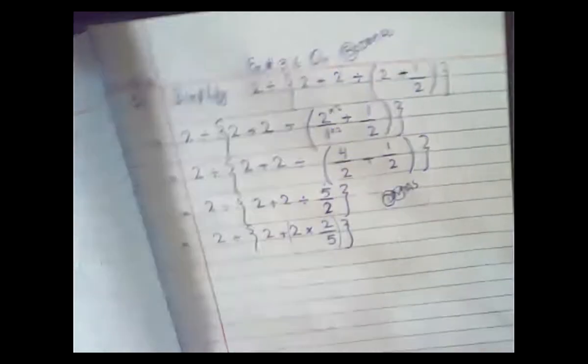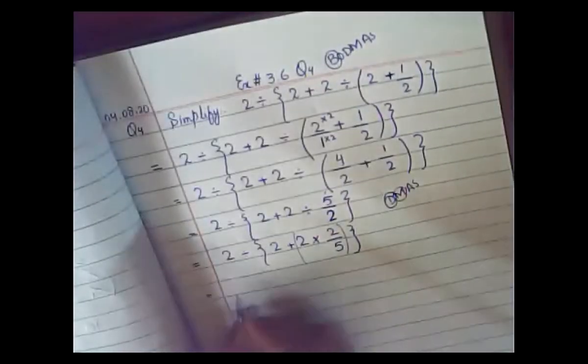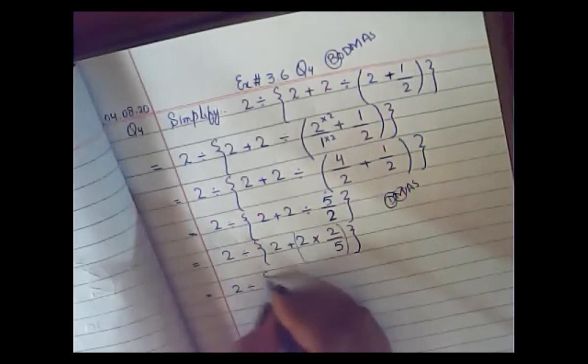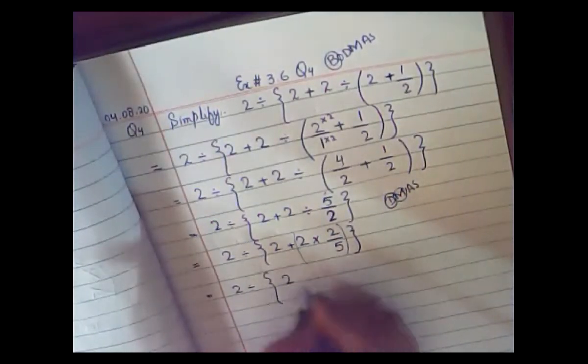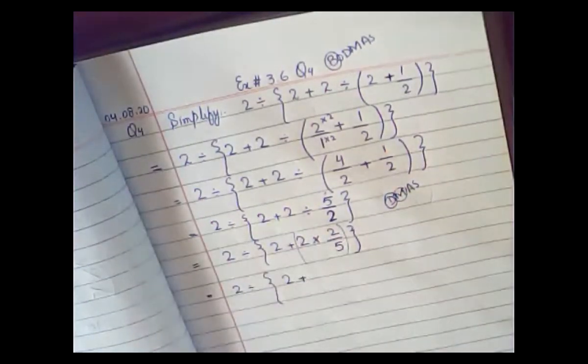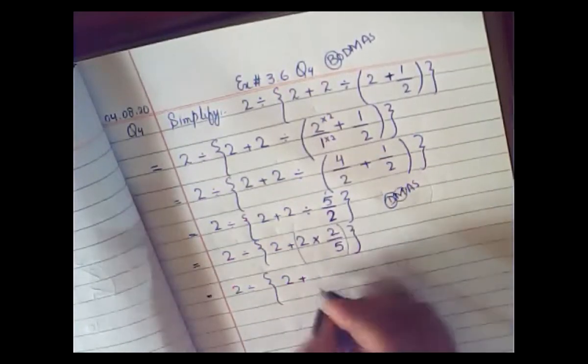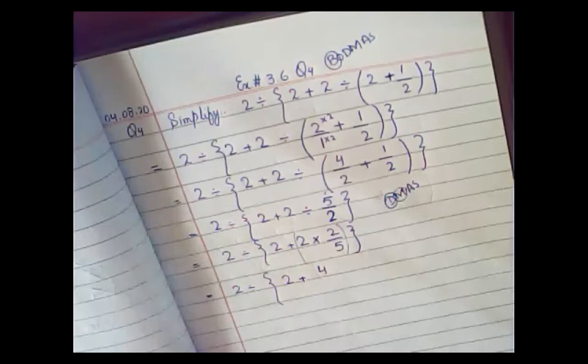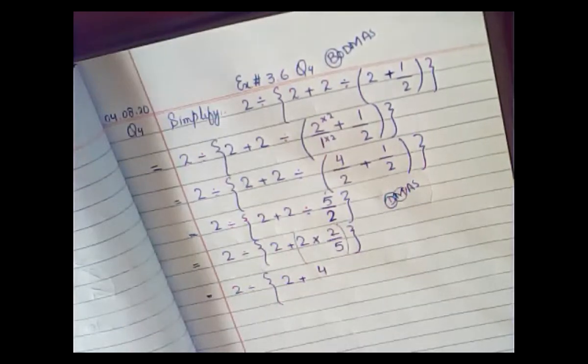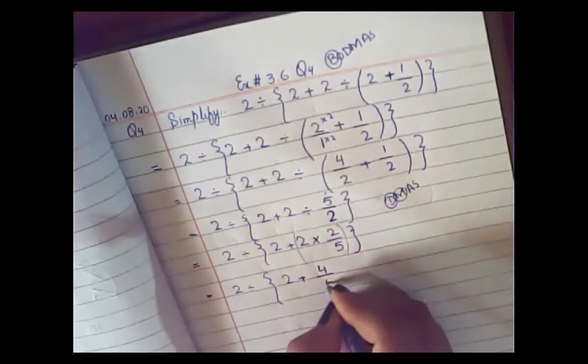So what will it become? It will become 2 divided by curly bracket 2 plus. This thing will remain the same. Now 2 multiplied by 2 will become 4, upon 5.